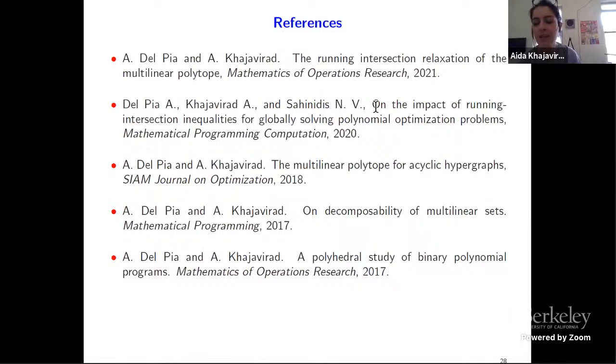But I must say again, I worked on Baron when I was a student. That was a long time ago. I worked a bit after. Now I'm not so involved in computations, so I might be very outdated. But when I was involved, as Ambros said, Baron's strength was in non-convex nonlinear problems.